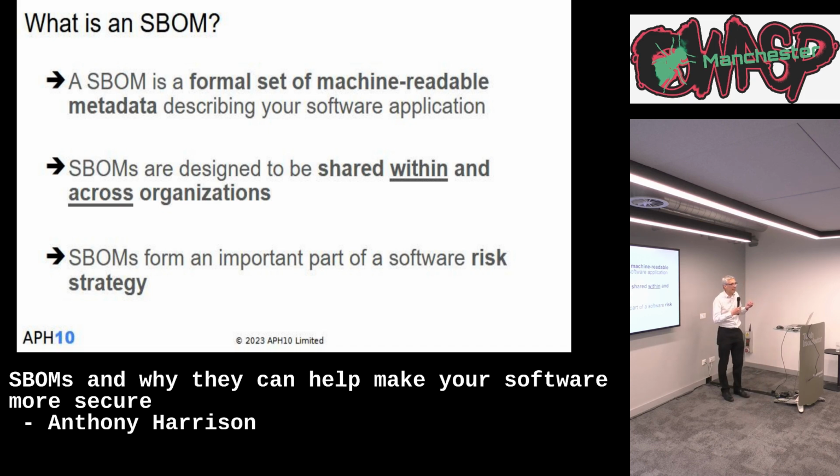And you should be sharing it within your teams and with your customers. We'll see that in a minute. But it's part of your risk, and you should all be doing software risk management and software risk assessment as part of your day-to-day development or delivery process. If you don't know what's inside your software, you don't know what the risks are. And how are you as a business able to understand the risk that you're being exposed to?